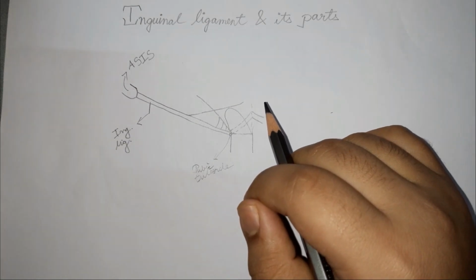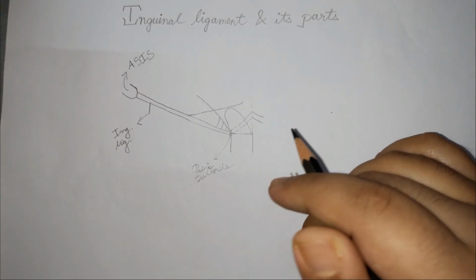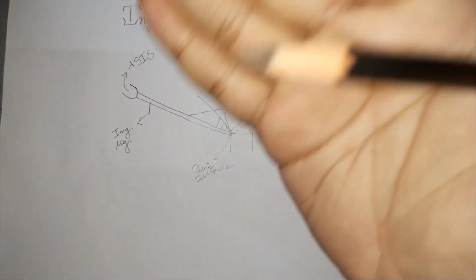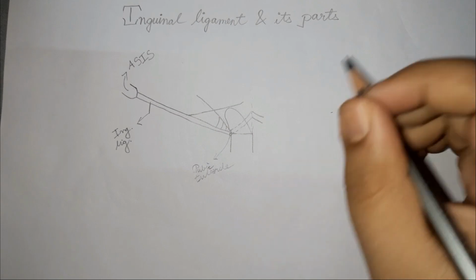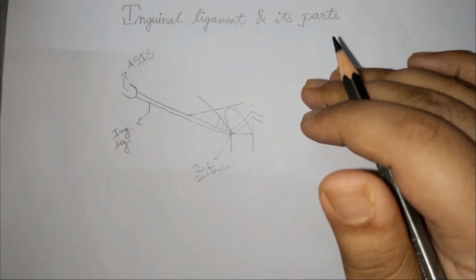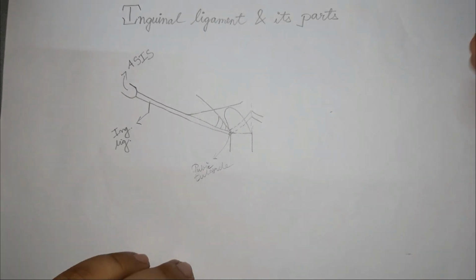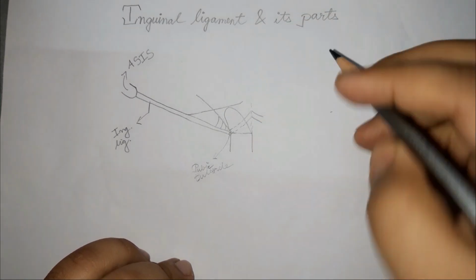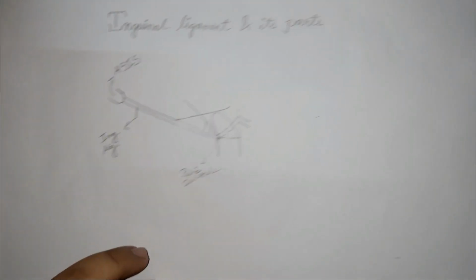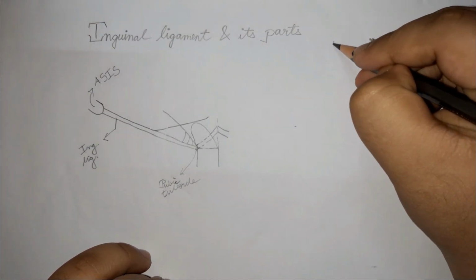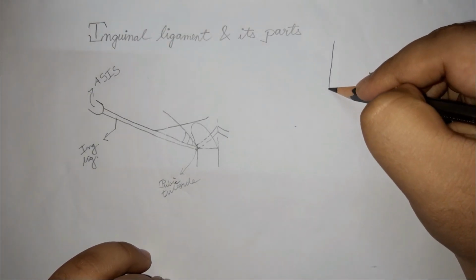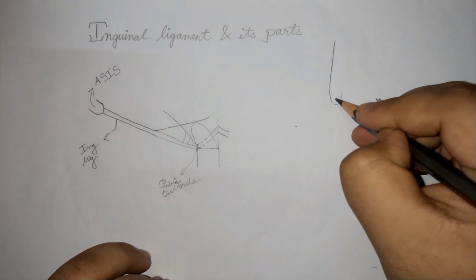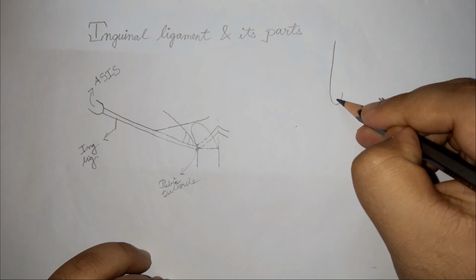Now try to understand this. The inguinal ligament is formed by the upturned folding of the external oblique muscle, right? If we take a, you might say, sagittal section, very roughly speaking, we will see that this is the external oblique which is coming down, down, down, and then it is folding like this. This region is the inguinal ligament.